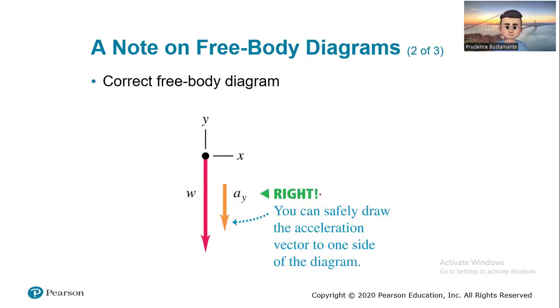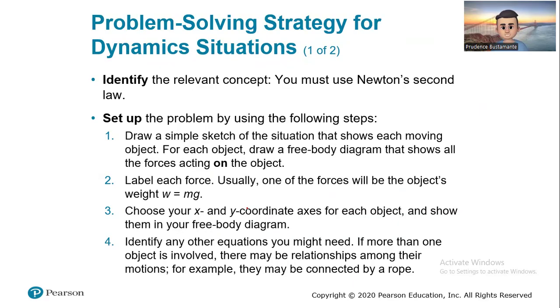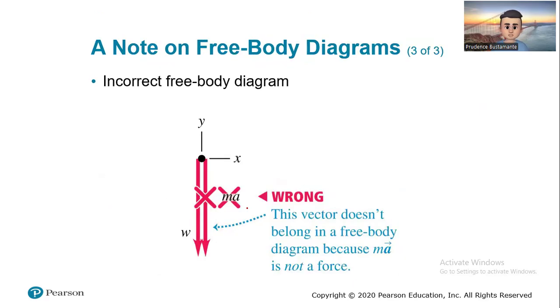Note that the correct free body diagram for an accelerating apple is like this. You can safely draw the acceleration vector to one side of the diagram. But you cannot include it in the diagram, because this vector does not belong to the free body diagram, since the mass times acceleration is not a force. Okay.